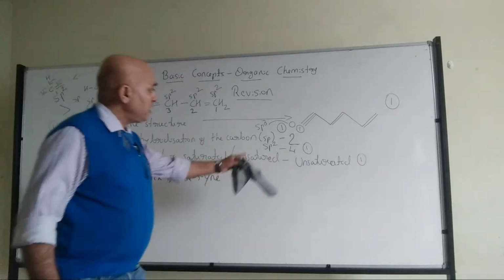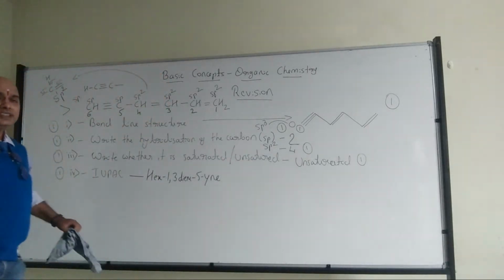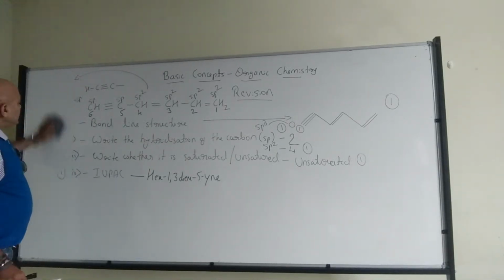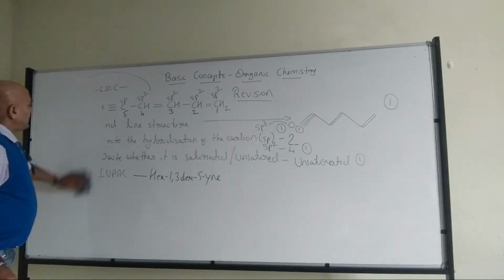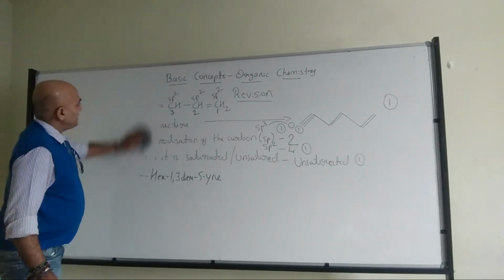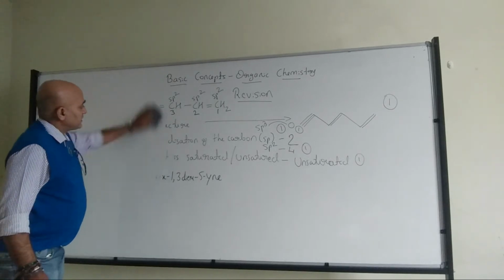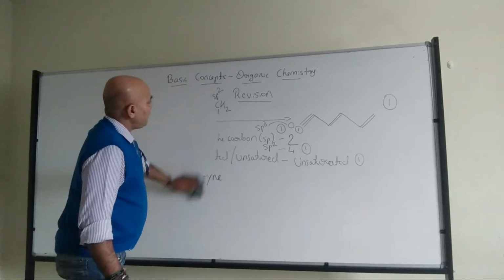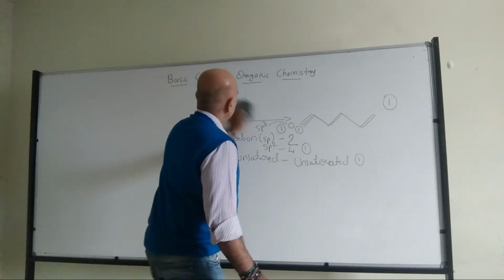If it is 5, they can ask another hybridization. So that's where we have the IUPAC naming of the molecule and finding the hybridization of a given carbon in a given organic compound.